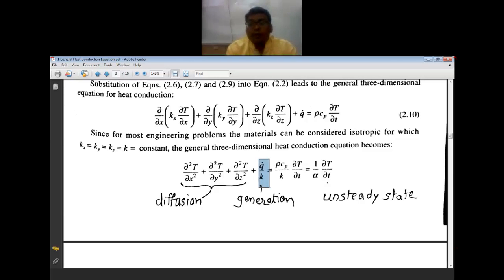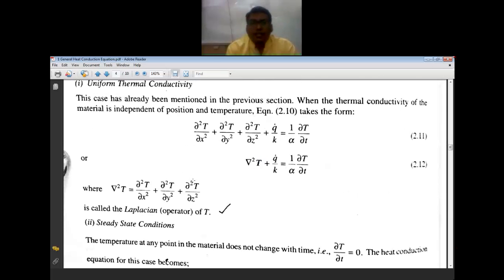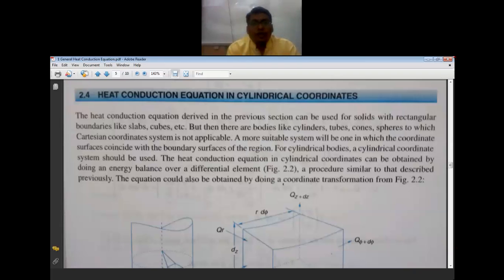That is what the permutations and combinations of the general three-dimensional heat conduction equation are to be done. Now this is in the x, y and z coordinate system. That is why it is called the Cartesian coordinate system.